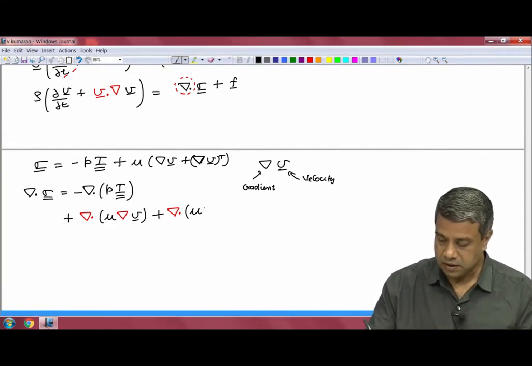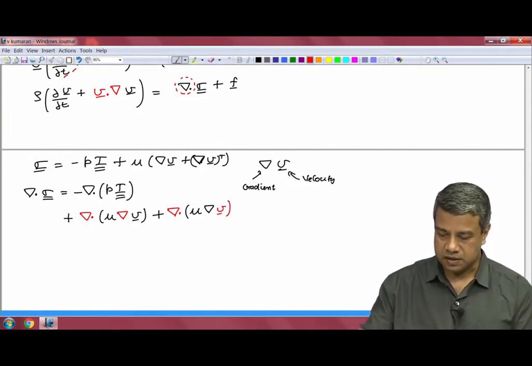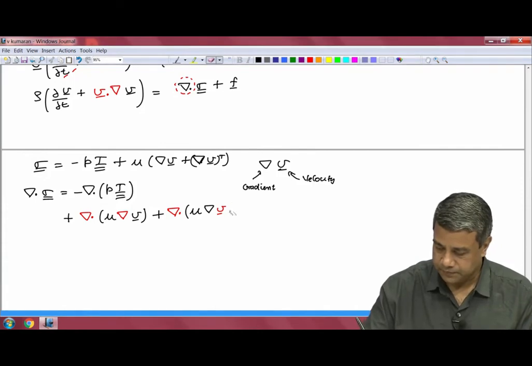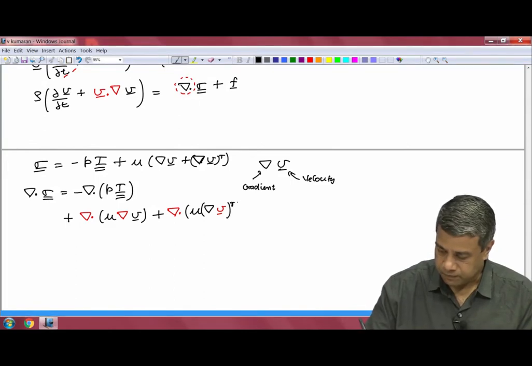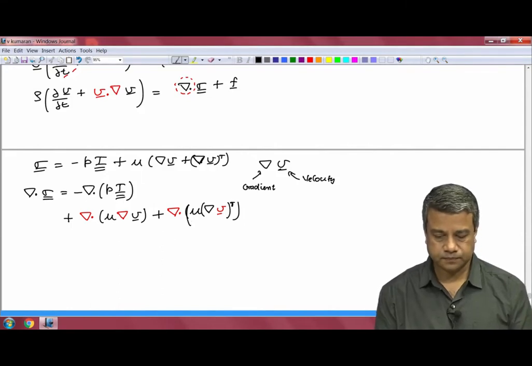Therefore, you get the dot product with respect to the second index, the velocity index, because you have interchanged the rows and indices.